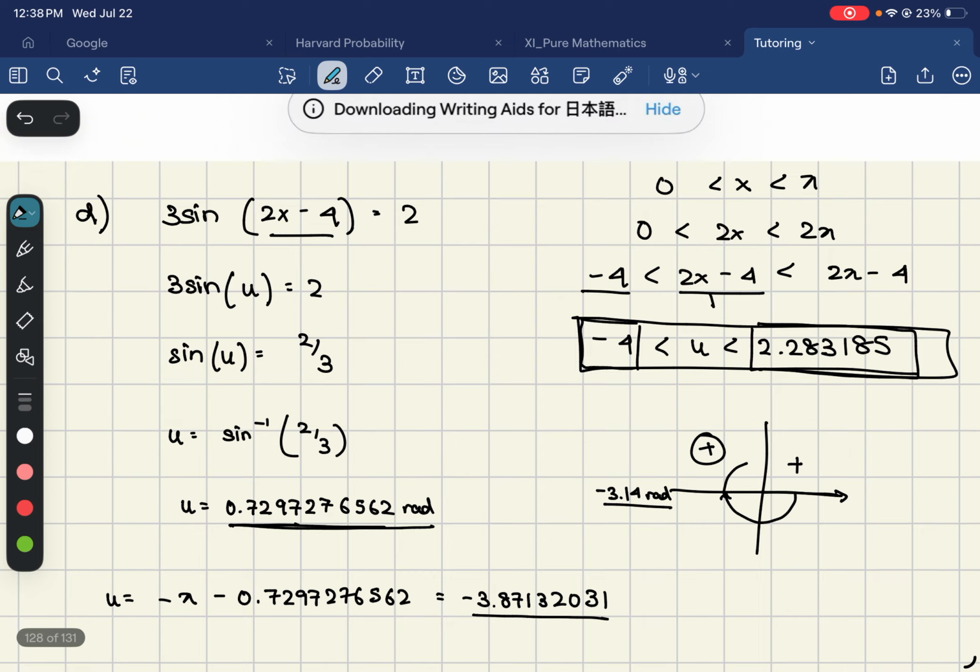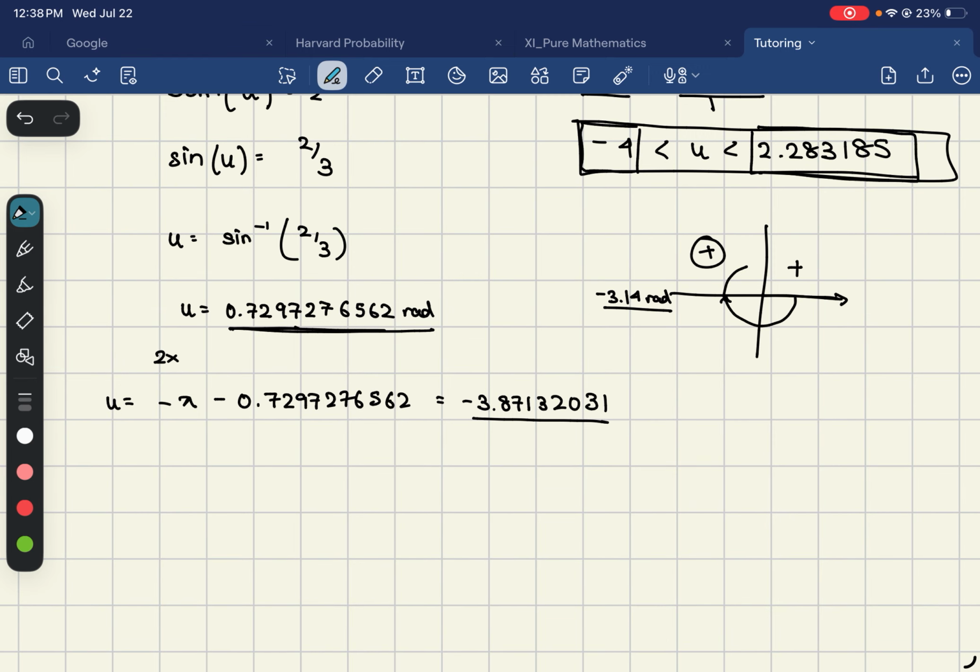So u is just 2x minus 4, and if you solve for x using this expression, you add 4 and you divide by 2, you are going to get x equal to 2.36 radians.